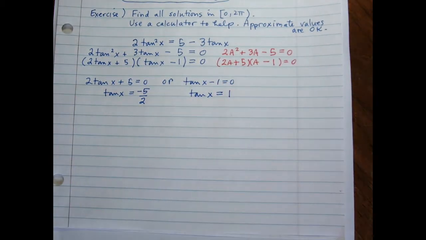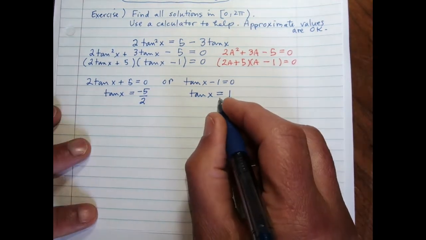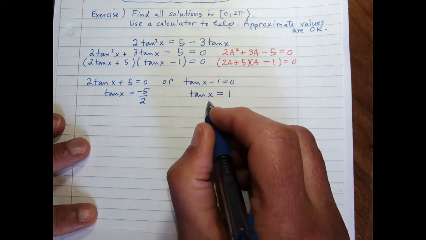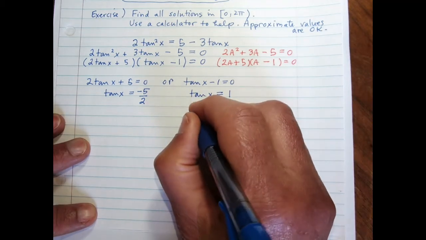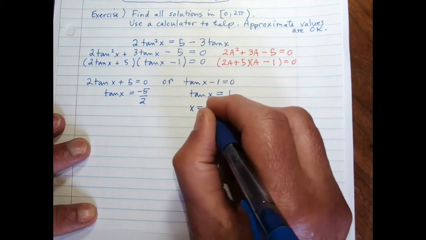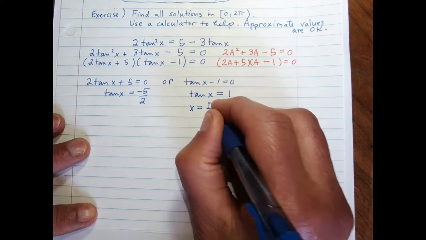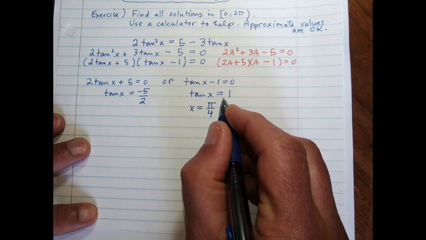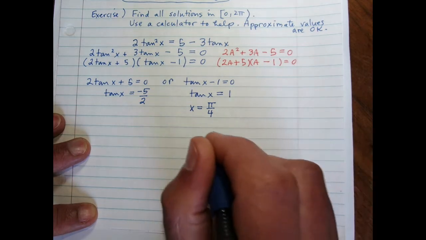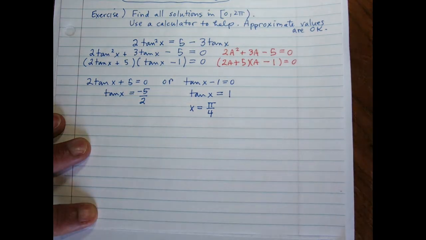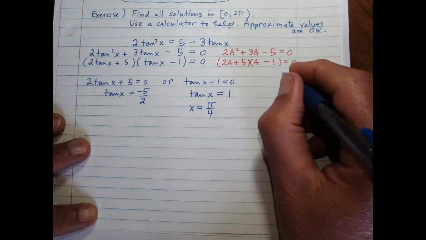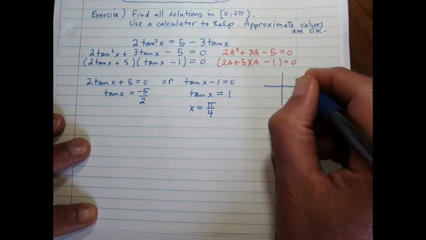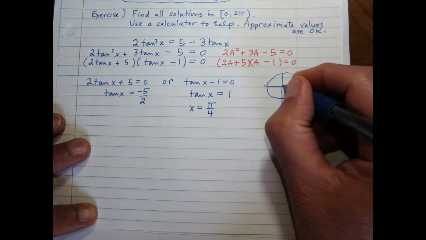And again, you can use a calculator to help you with this, but I hope we've gotten used to the fact that one value where tangent is equal to 1 is at pi over 4, right? Because sine and cosine are both square root of 2 over 2. When we divide square root of 2 over 2 by itself, we get 1. And if I think in terms of the unit circle, pi over 4 is here.